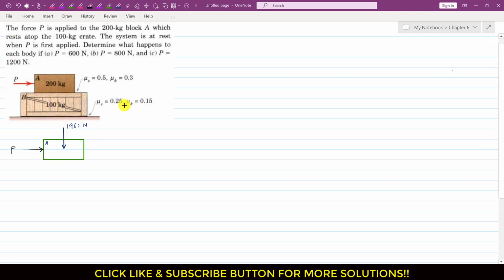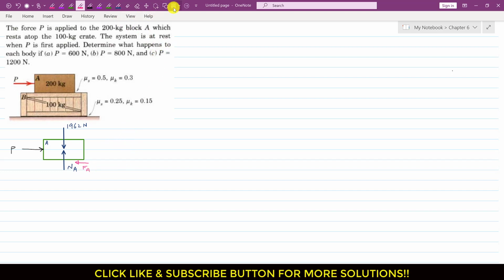So let me write that this is the normal force on body A. And similarly, if we apply the force P in this direction, so if this body will move, there will be a friction, and let's say that friction is acting in this direction. This is the friction applied on body A, so this is friction FA.